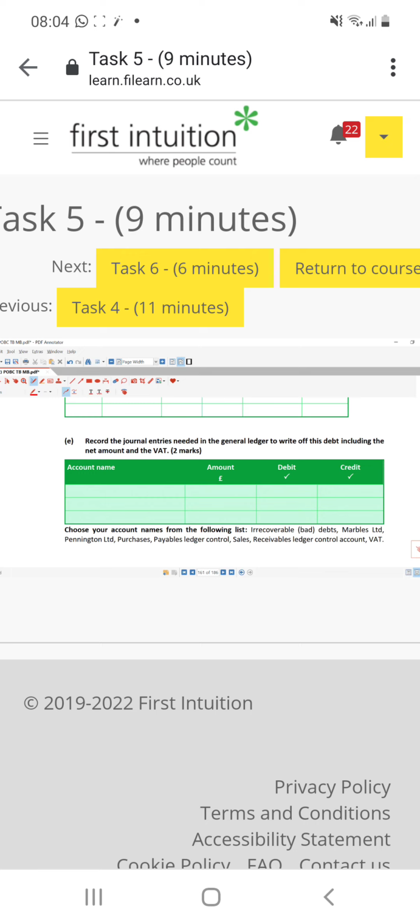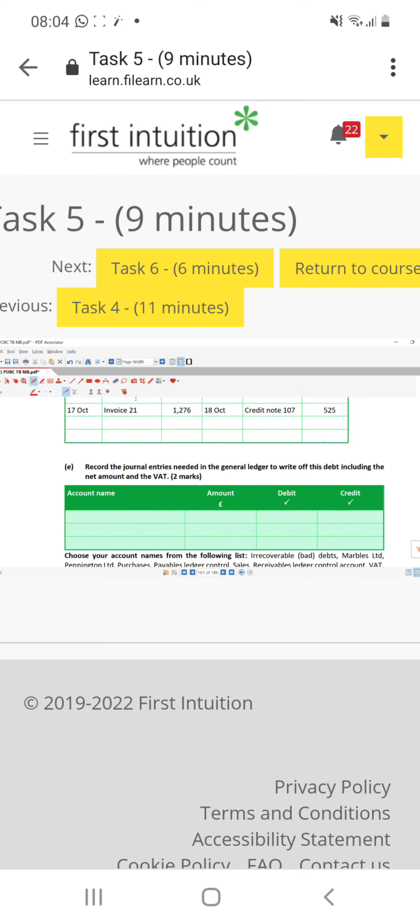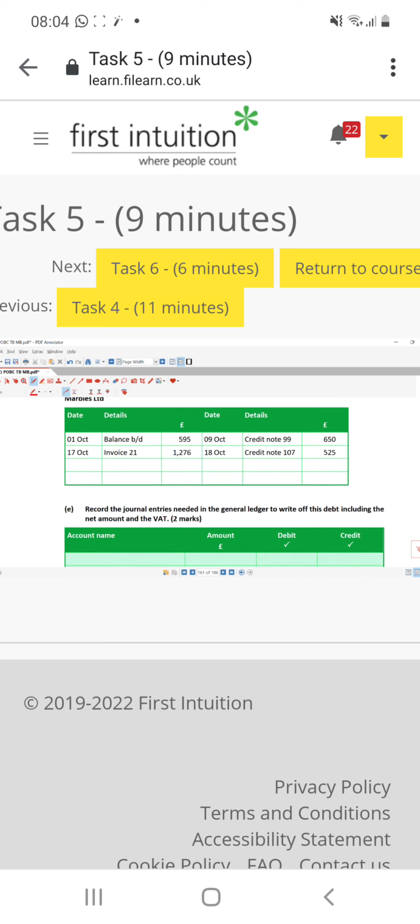So, first of all, what we can see up here is that we were owed originally 595 by Marbles. We invoiced them for 1276. The credit notes then against the account 650 and 525. So all of this therefore means that the total amount owing to us is going to be 696.